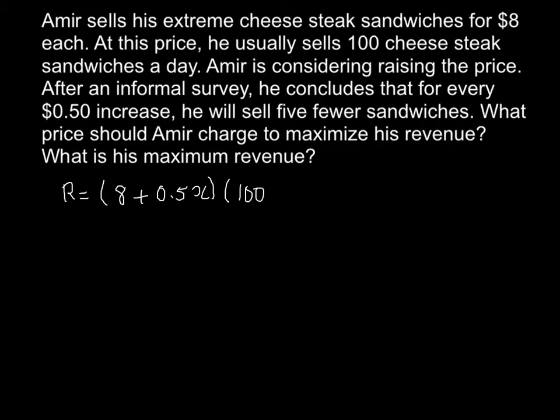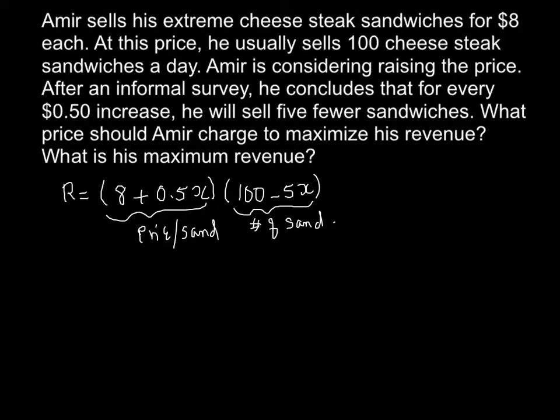So it's going to be 100 minus 5x. This is the number of sandwiches, and this is the price per sandwich. If we find the product, this is going to be our revenue.